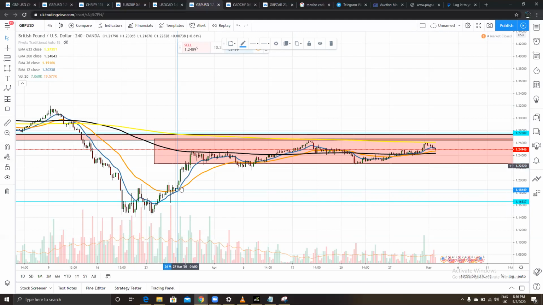So the cross has already occurred. All right, it's looking as if the gap is widening. Price is coming back to the 36 EMA, and that's when some people are going to be looking for a buy opportunity. But the challenge over here, you can see how the 200 EMA is working against the trend direction.